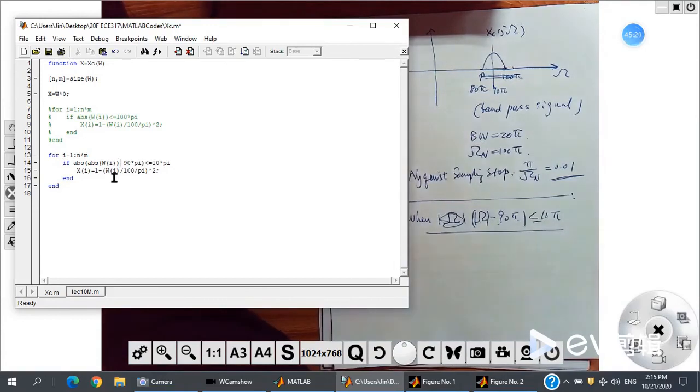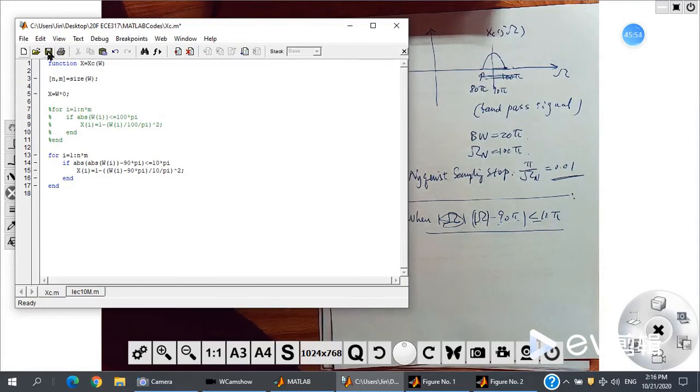In this case, X will be 1 minus this, but I need minus 90 times pi. I need a square of it, but before the square, I need to scale it. Now the span is not 100 pi, it's 10 pi, right? Okay, so I have this one.